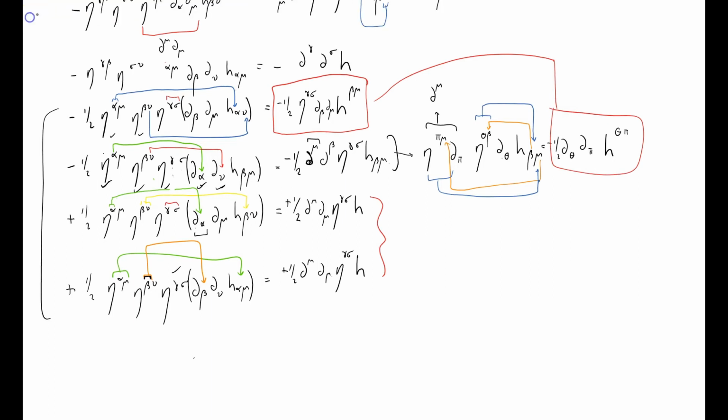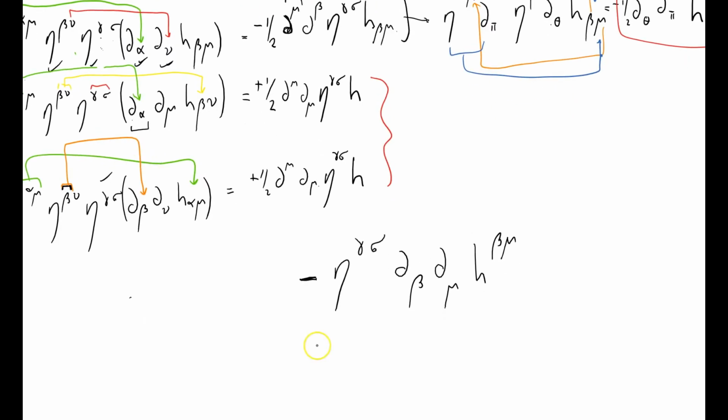Let me go back to black. And instead of minus a half, we've got minus eta gamma sigma di beta di mu h beta mu. Of course, I've called them different things here, but it doesn't matter. It's the same thing.